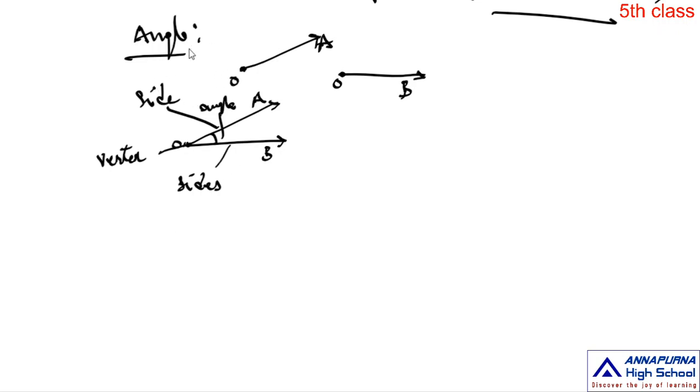What is the meaning of an angle? By observing this, it is the union of two rays. Union means combining.